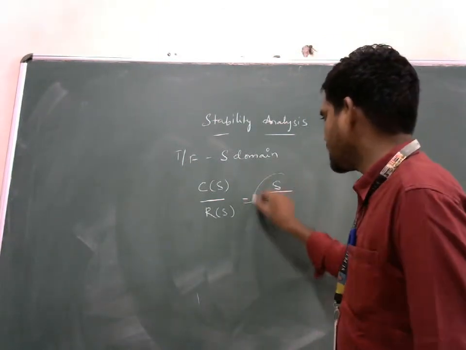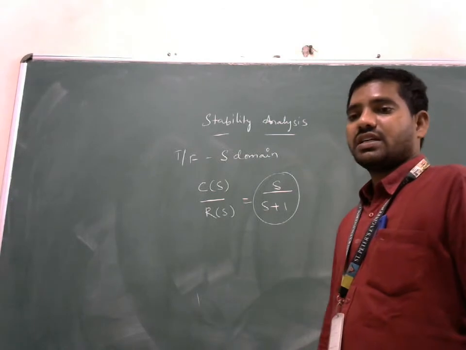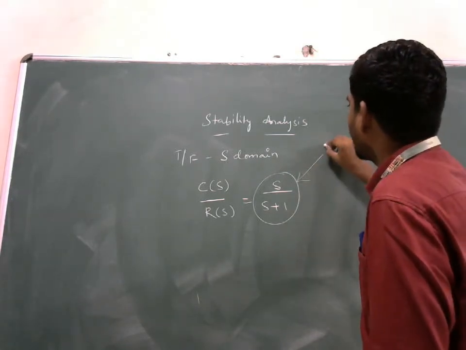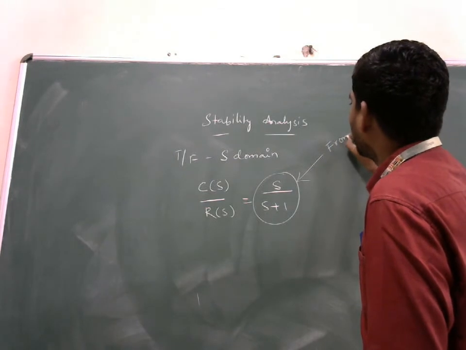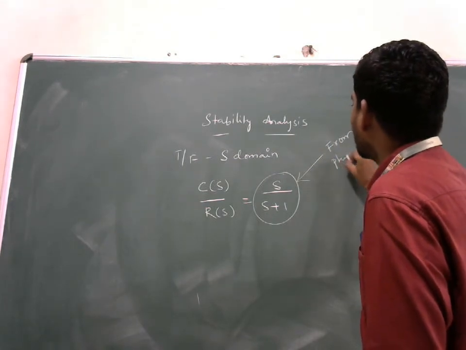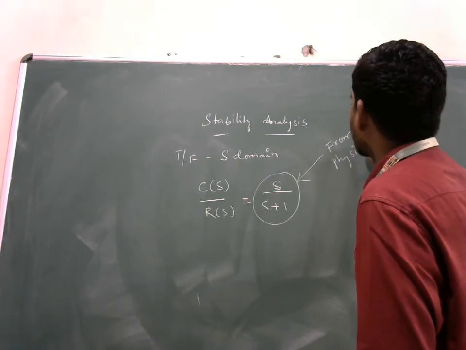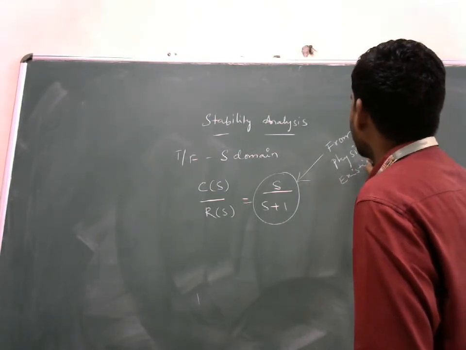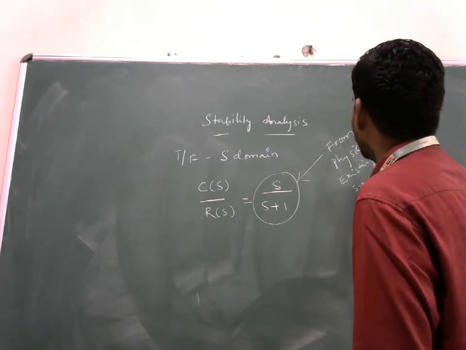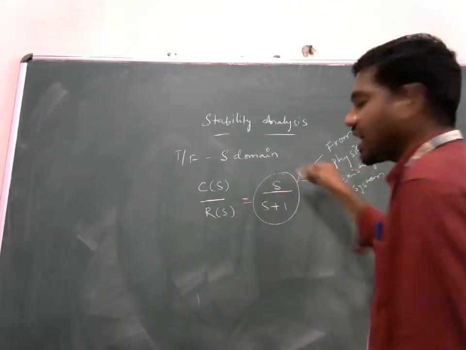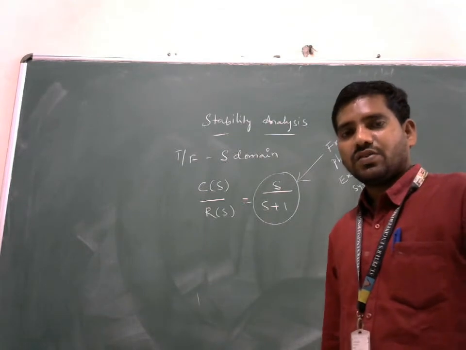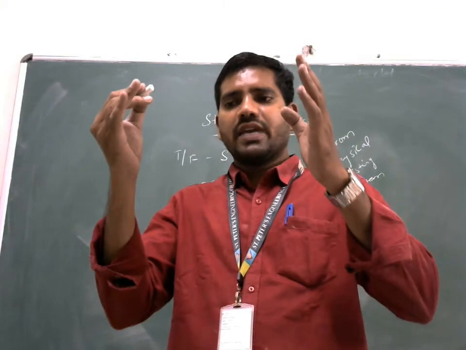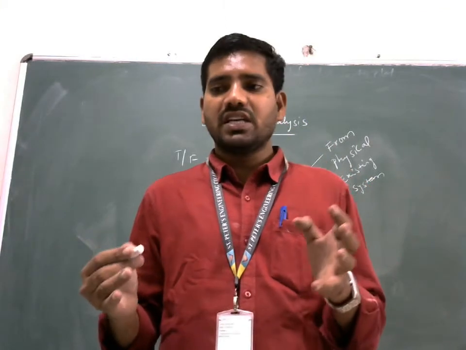This transfer function we are getting from a physical existing system. Not simply do we get that. You have a motor; when the manufacturer is manufacturing it, he takes all the data.